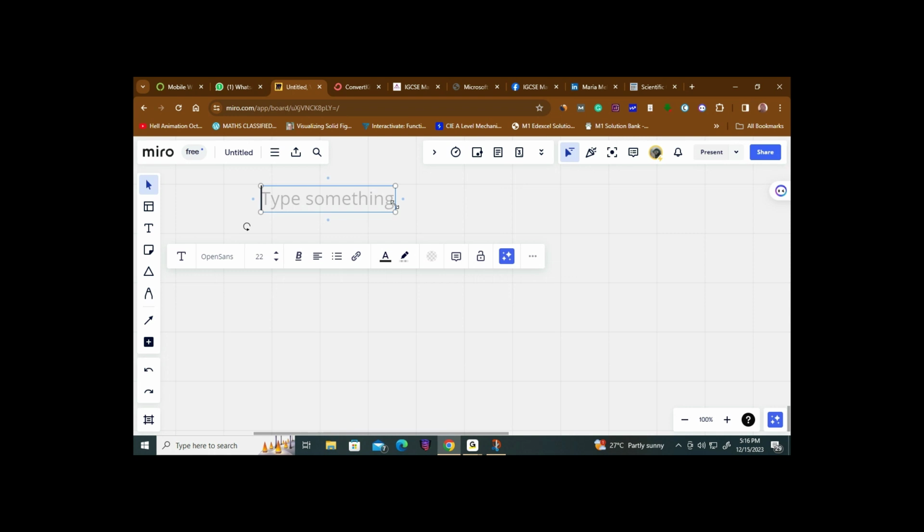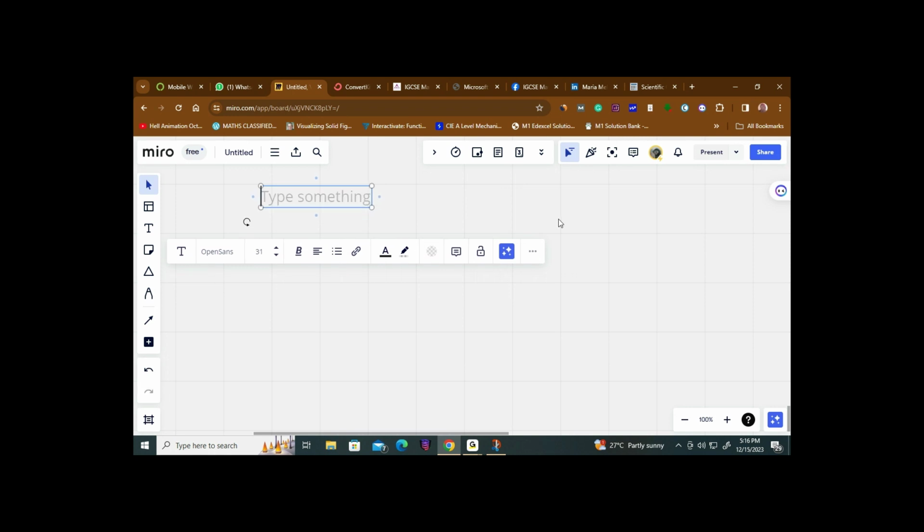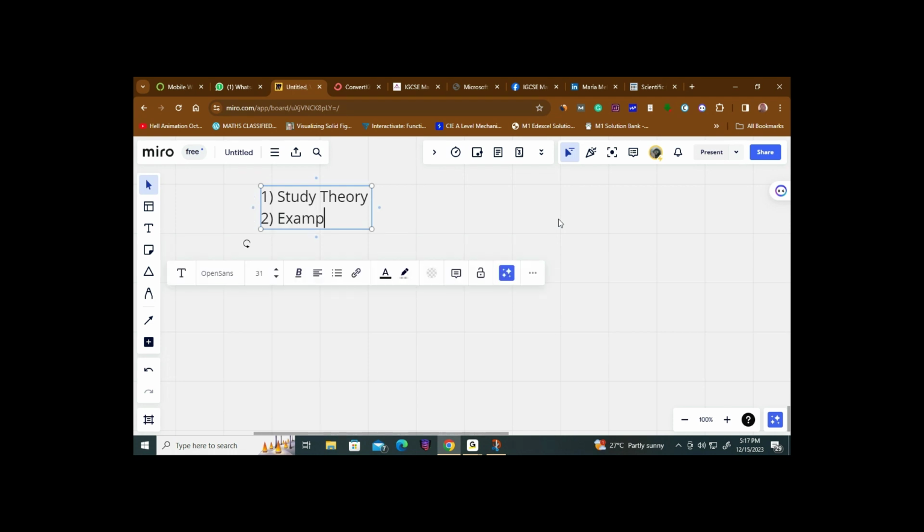What you need to do, always remember that once you are studying mathematics, you have to study the theory of the topic. Whatever topic you're studying, you have to study the theory. Okay, study the theory first. Then you have to move to the examples. Try to understand the examples.